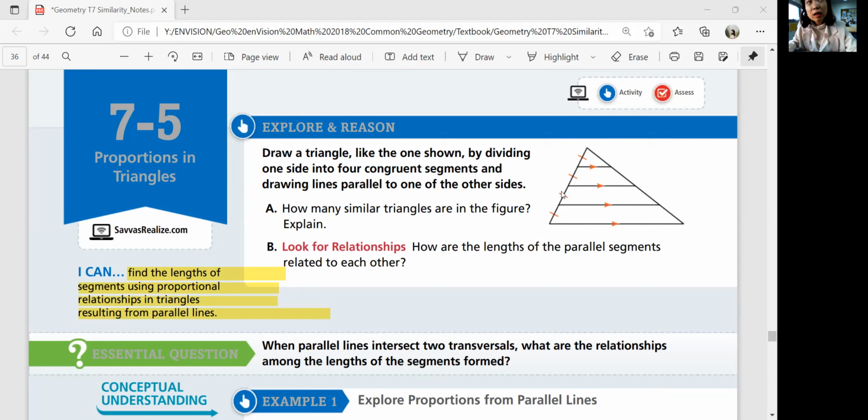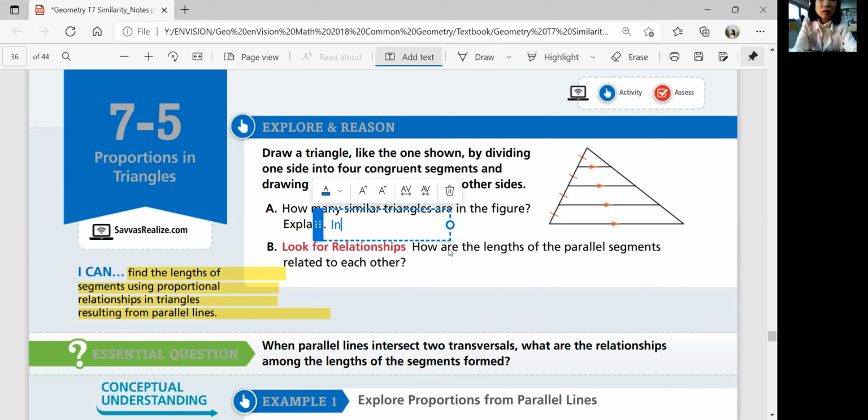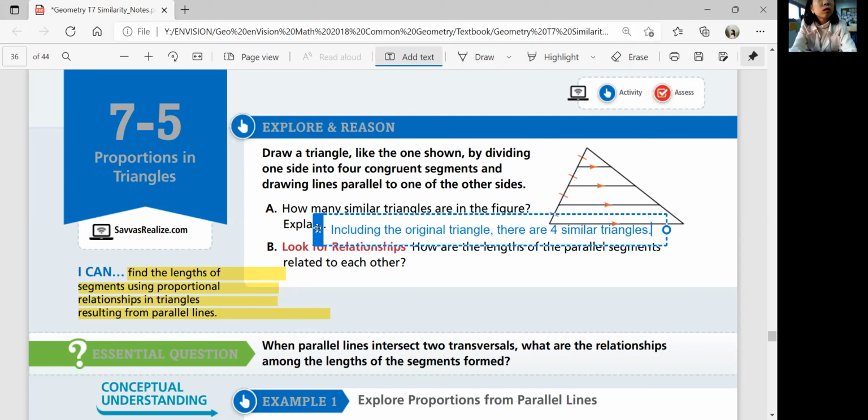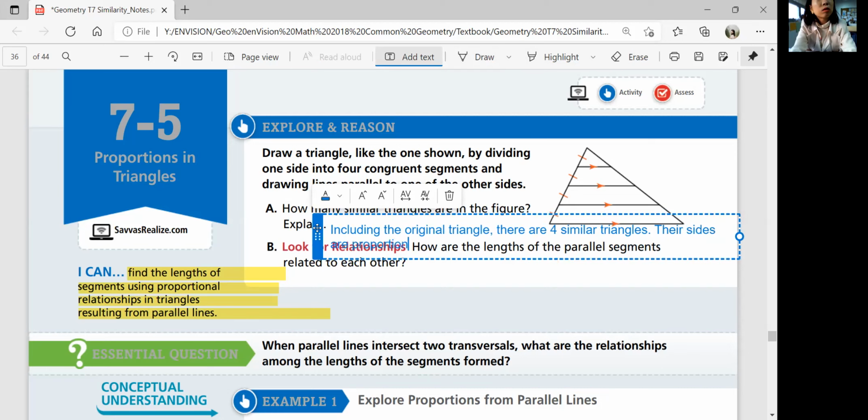As long as the lines are parallel to the other side, it's going to be proportional. So including the original triangle, there are 4 similar triangles. Their sides are proportional.